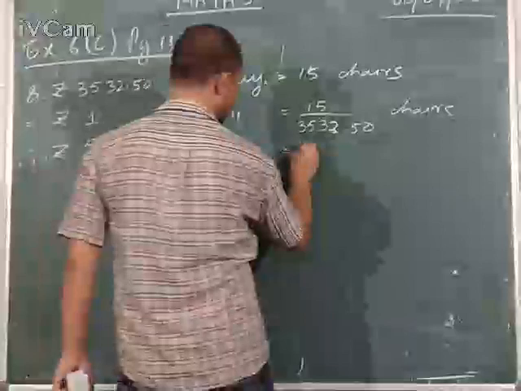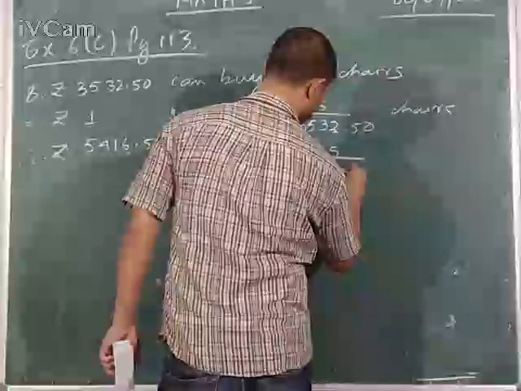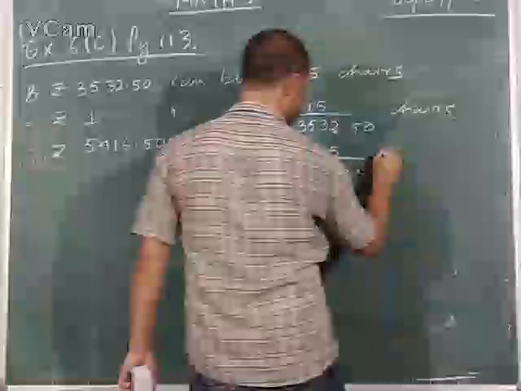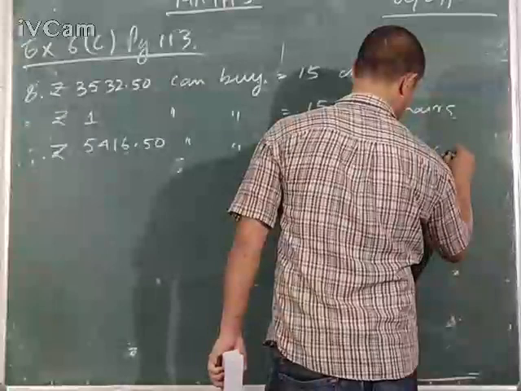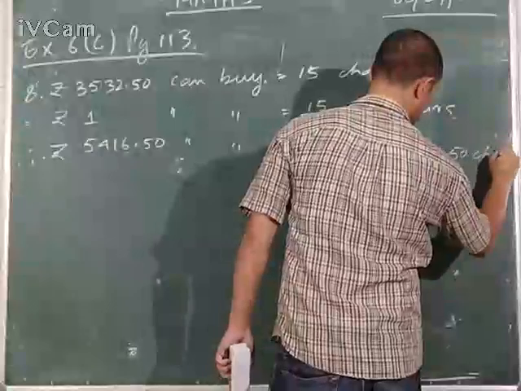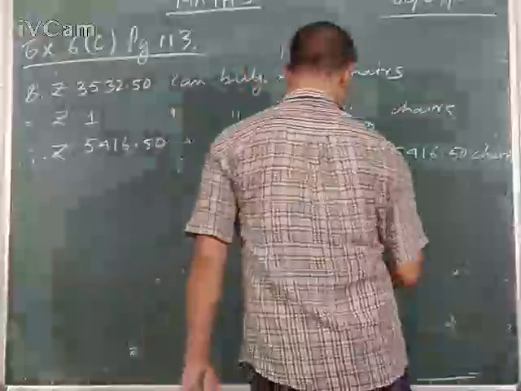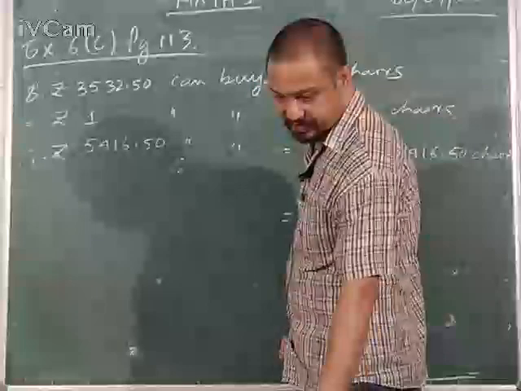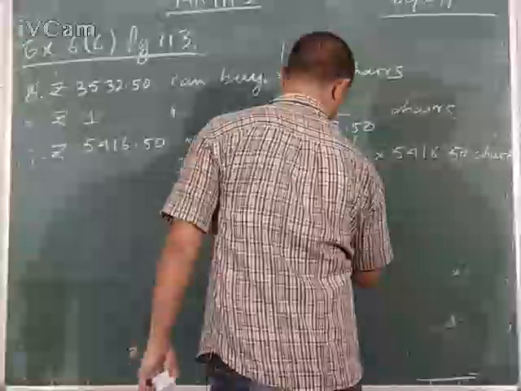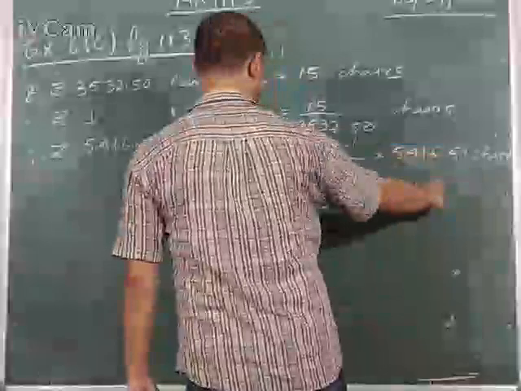15 upon 3532.50 into 5416.50 chairs. Big numbers, again I use the value of 15. 15 ones is 15, and 15 cuts 3532.50. The .50 actually cancels out.